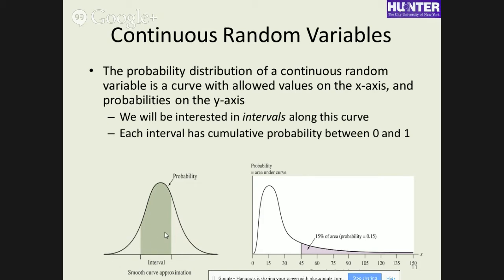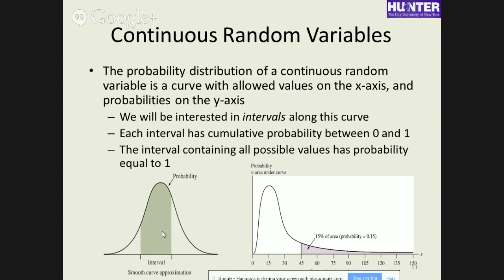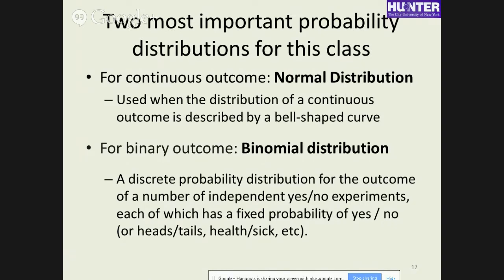If it's an infinitesimally small interval, its area will approach 0, or its probability, and as it gets larger, it'll increase from 0 until eventually it's 1. And as I mentioned, the interval containing all possible values, its probability adds up to 1.